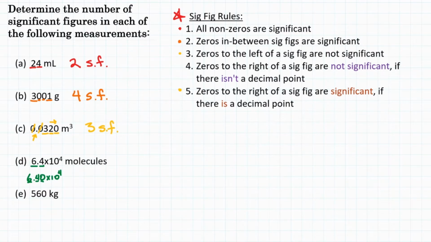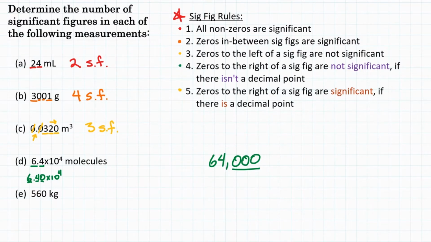If we wrote out 6.4 times 10 to the 4th in non-scientific notation, we would get 64,000. So looking at that, we would look at these 3 zeros to the right. Are they significant or not?